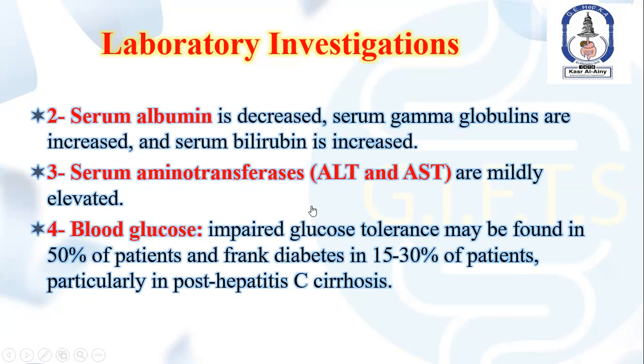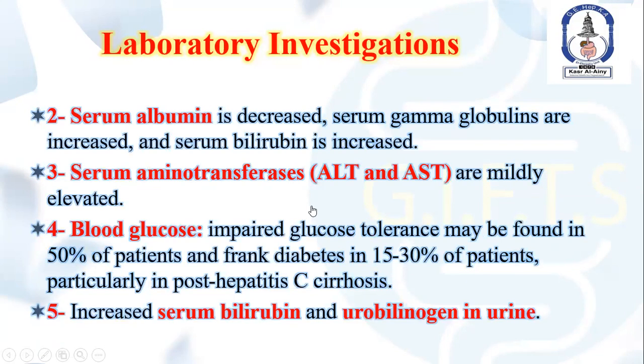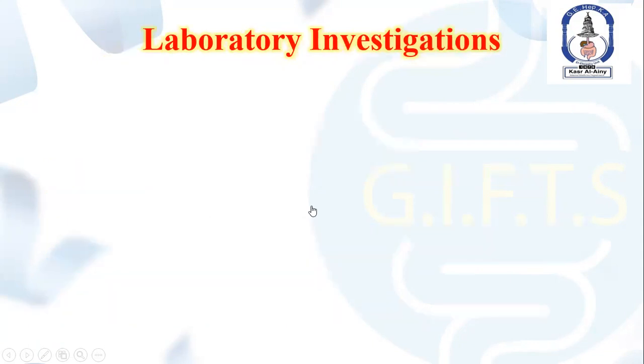So, impairment of glucose tolerance is found in half of the patients, and they develop frank diabetes after a while in 1/3 of the patients, especially those who are post-hepatitis C. We said that there will be increase in the bilirubin and urobilinogen in the urine.